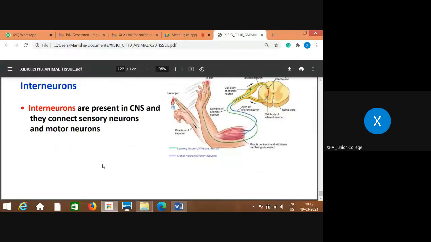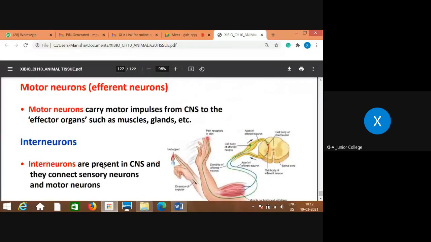This is also called the mixed type of neurons, which perform both things, and the communication between the two neurons, that is the sensory and motor, that is afferent and efferent neurons, is done by the interneurons, which are present in the central nervous system.